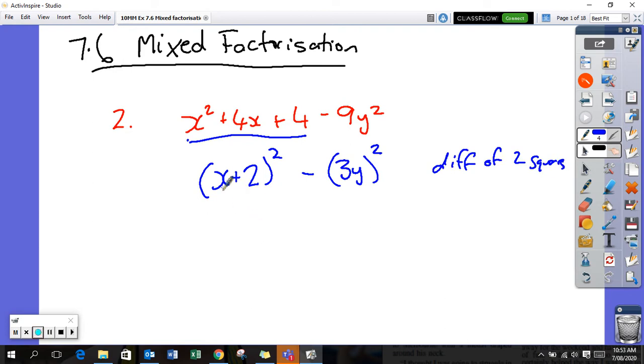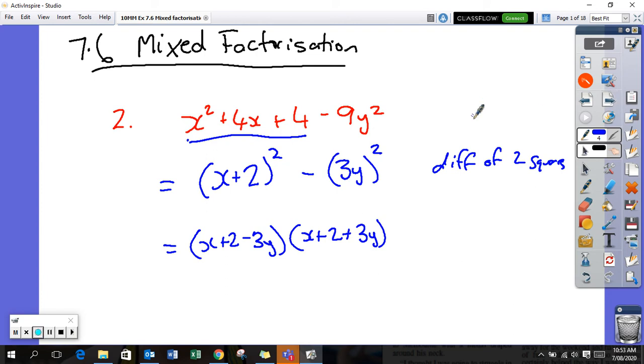So to solve this, it's going to be x plus 2 minus 3y times x plus 2 plus 3y. And that's the first one done.